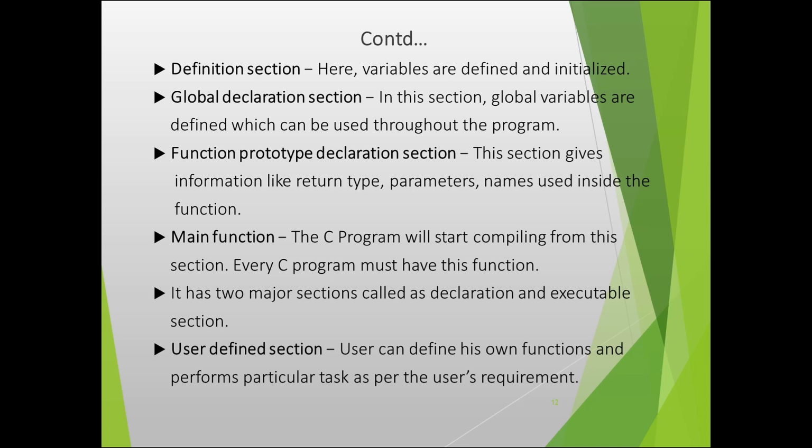The local variable declaration part has the variables which are declared locally within the function itself, whereas the executable statements section includes printf as well as scanf statements, that is, input output statements.